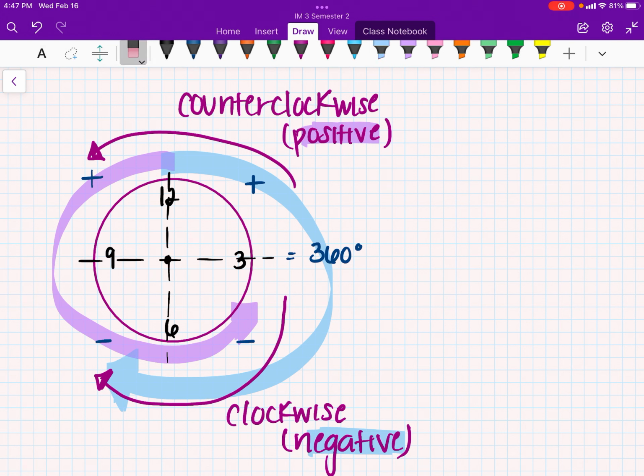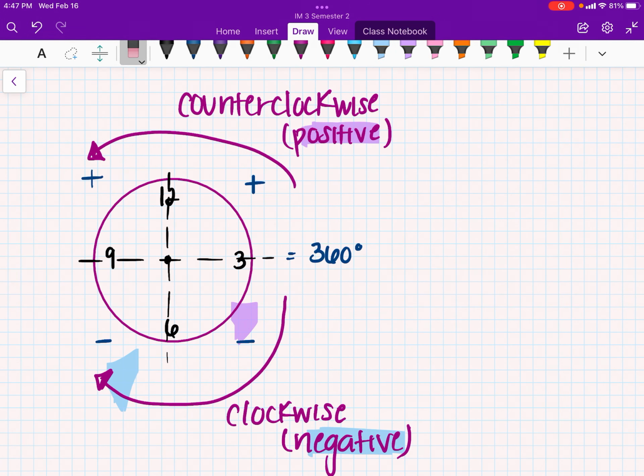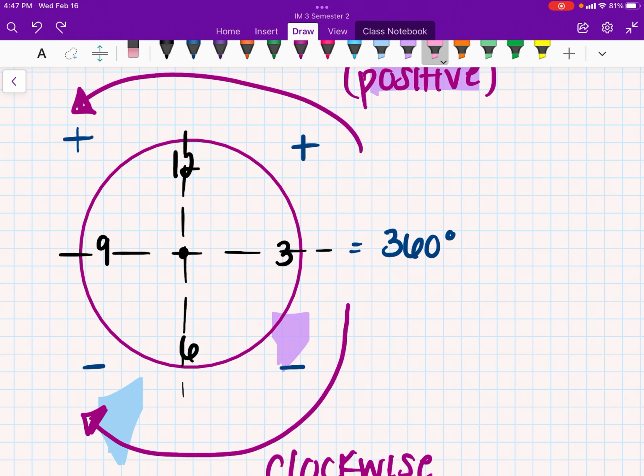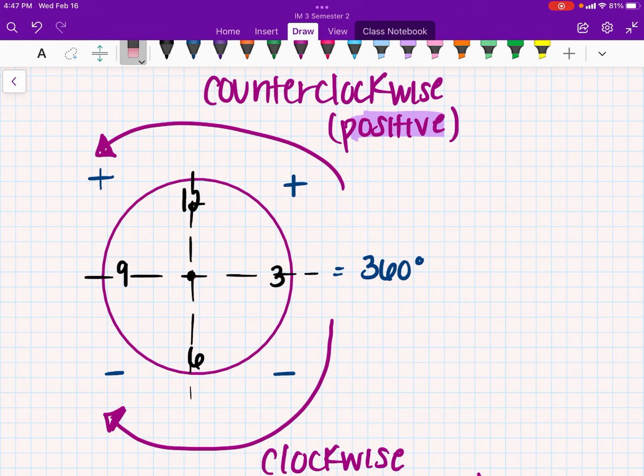All right. Now, I do want to add a few things here. In our circle, the entire circle represents 360 degrees. So all of this here is a measurement of 360. Now we could break this into 4 different planes, for example, like our graph, where we have 4 different quadrants.